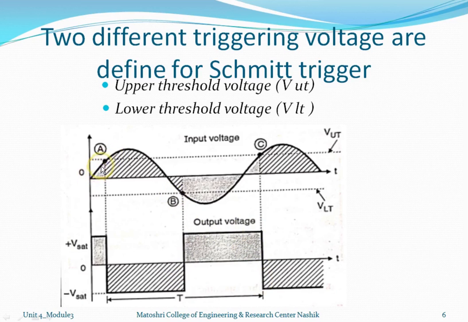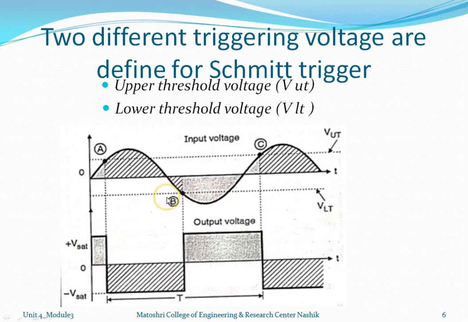Whenever the input waveform crosses this range of VUT and VLT, the output is going to change. So at point A, when your input voltage is much more positive than VUT, at that time your output shifts from the positive V side to the negative V side and continues on the negative V side.